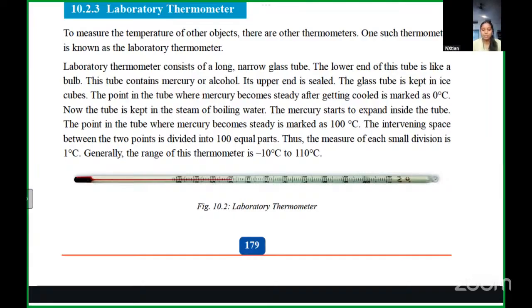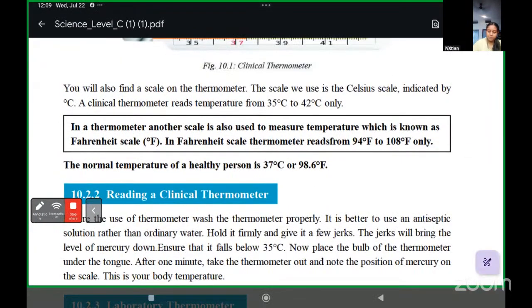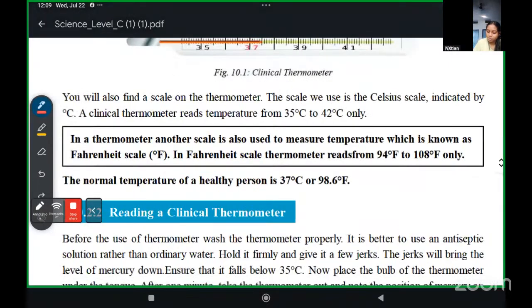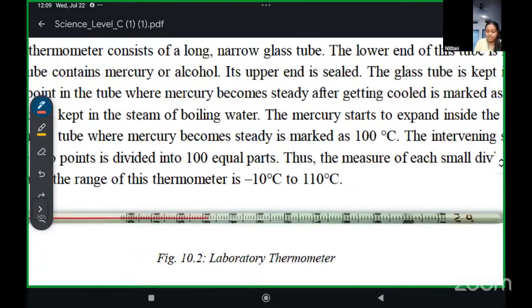The range at which the laboratory thermometer measures temperature is minus 10 degrees Celsius to 110 degrees Celsius. Look at the difference. A clinical thermometer will measure 35 to 42 degrees Celsius only, whereas a laboratory thermometer will measure from minus 10 to 110 degrees Celsius.